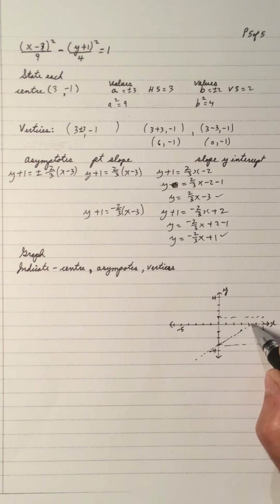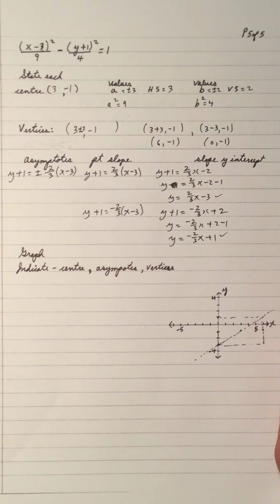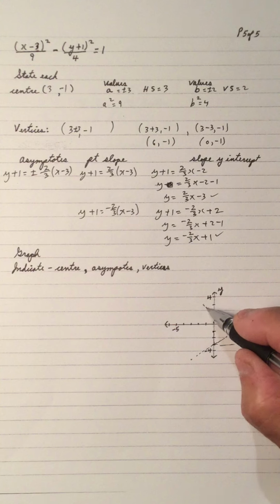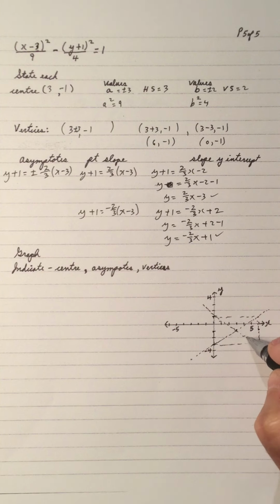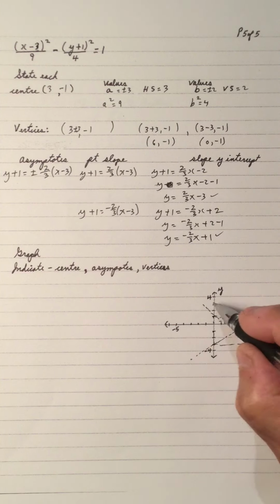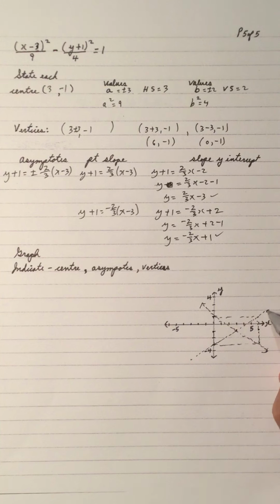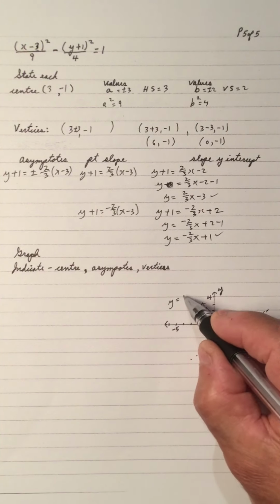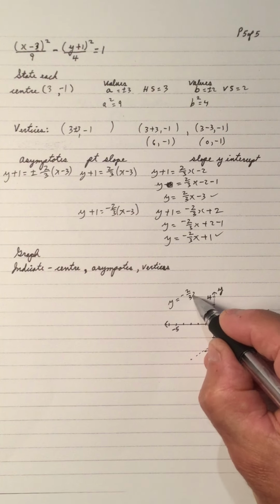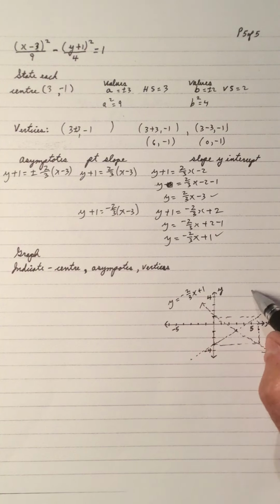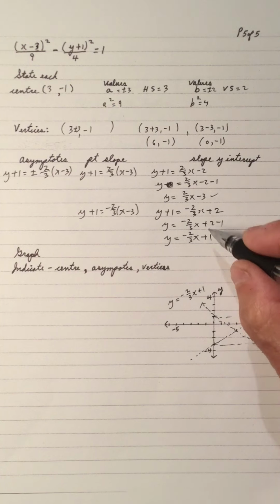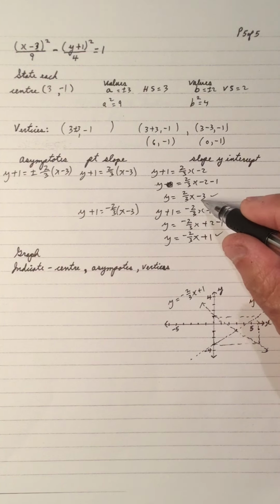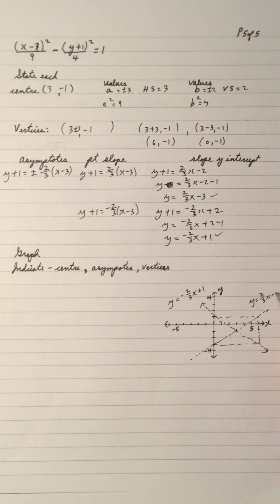There it is there. Make sure you can see it. And the other asymptote goes through the center, to the corners of the box. And this asymptote here is a negative slope, so y equals negative 2/3 x plus 1. And this one is y equals 2/3 x minus 3.